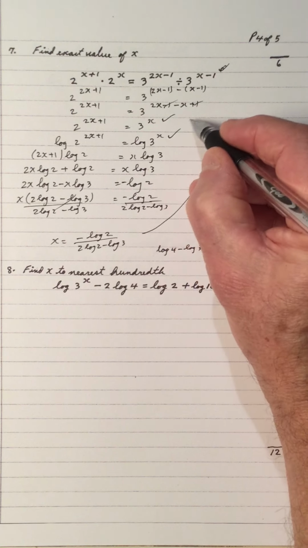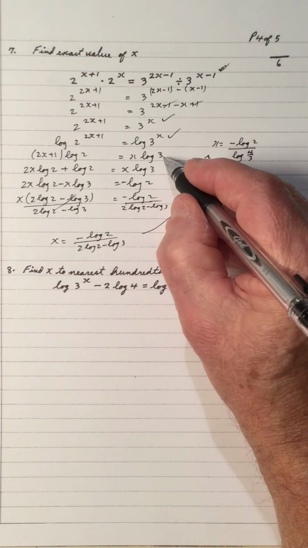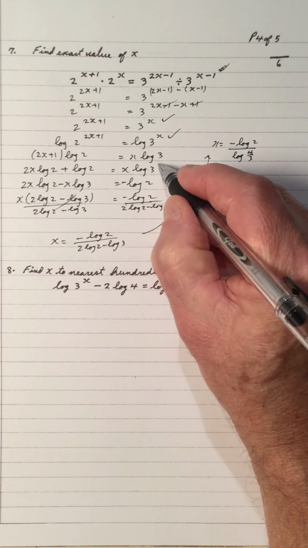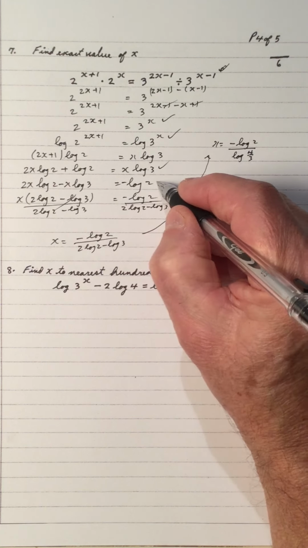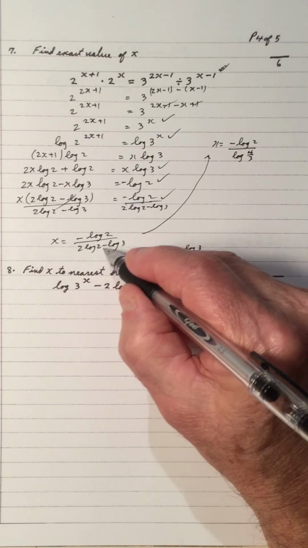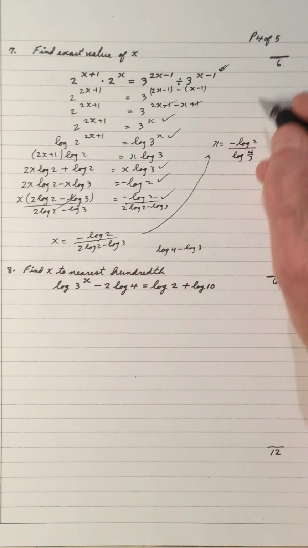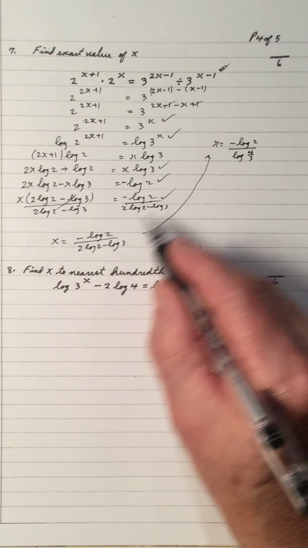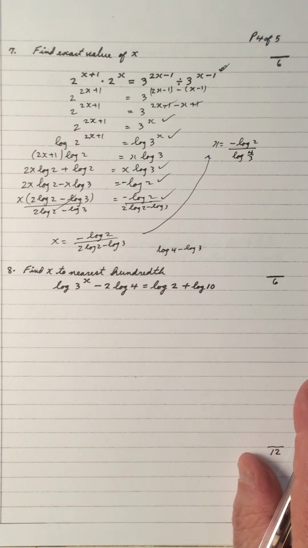If you did the log of each side, you get a mark. If you group your x's, if you multiplied here, you get a mark. If you group your x's, you get a mark. If you divide it here, you get a mark. So 6 marks in total. Hopefully everything is going okay. So again, this is the answer, or this could be the answer, your choice.